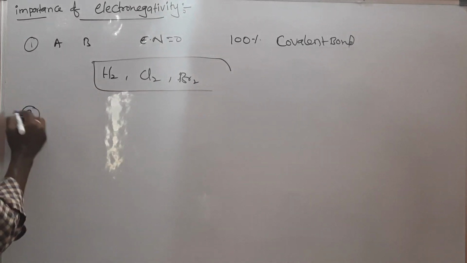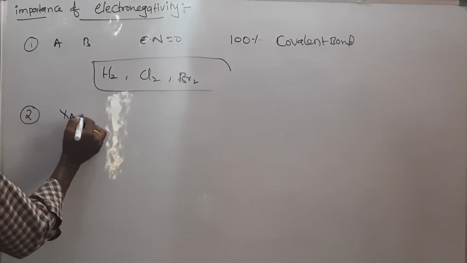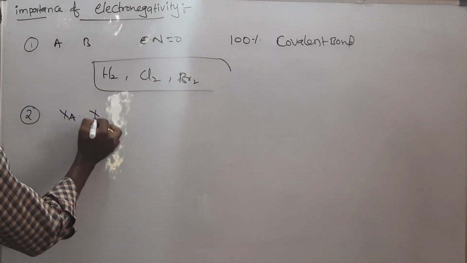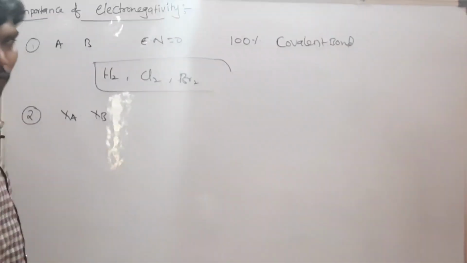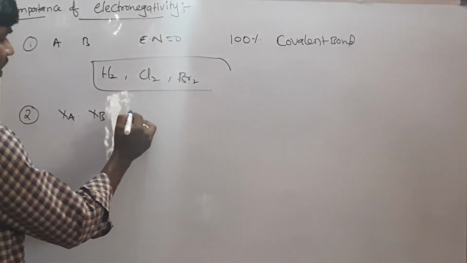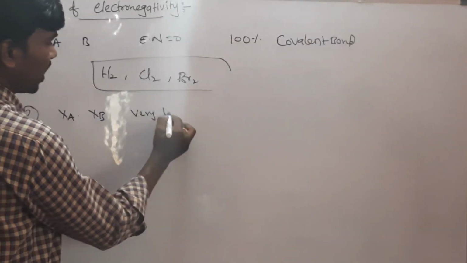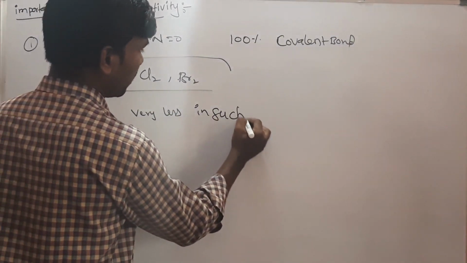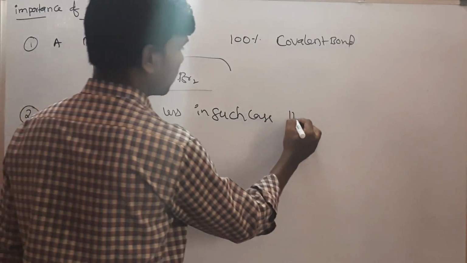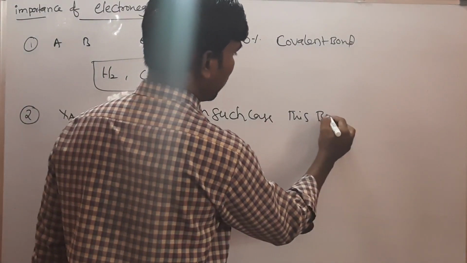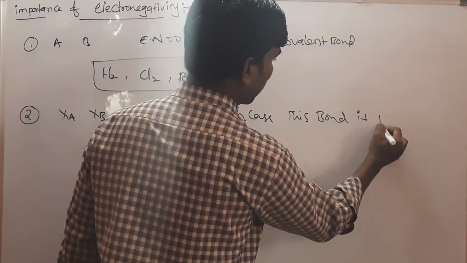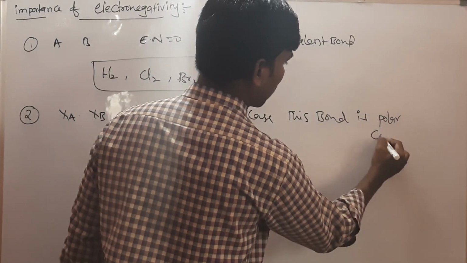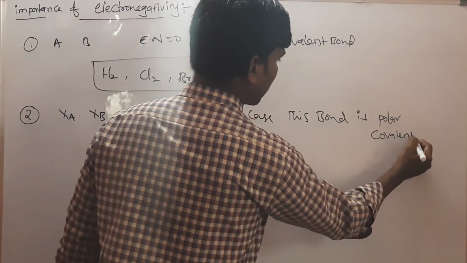So next one, if the electronegativity difference between XA and XB is very small, in such a case this bond is polar covalent. This is the second point.